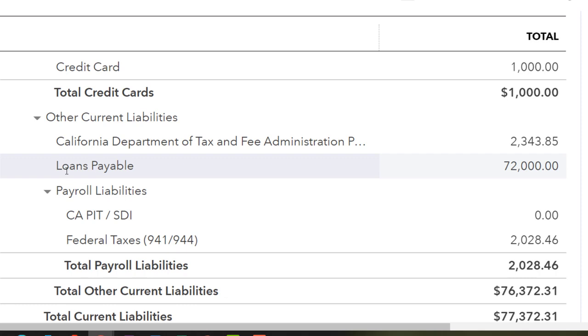And the other thing you want to keep in mind is that you could have a short-term and long-term portion of the loan.